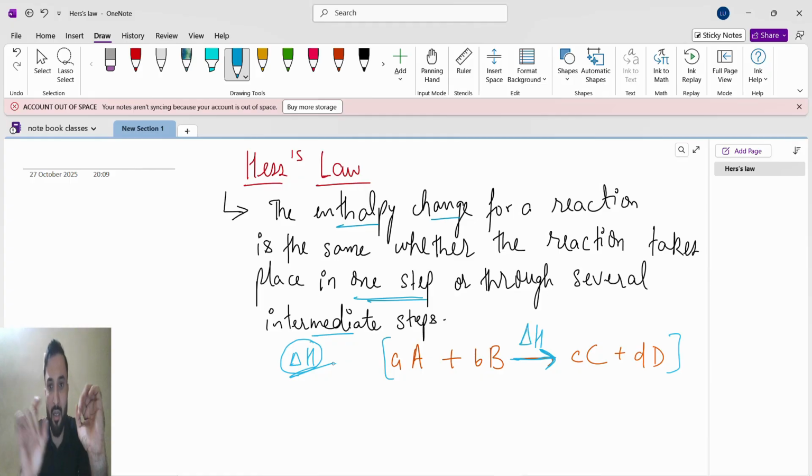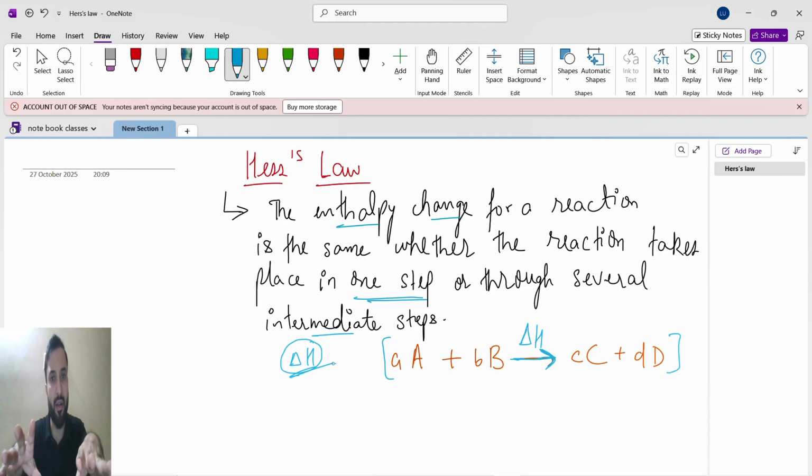Hess's law does not depend upon the path. Hess's law says that it does not depend upon the path; it depends upon the initial and final values, meaning reactants and products, that's it. It does not depend on which path we follow or how many steps we take to get the product. Either from reactant we get the product in one step, or in 2 steps, 3 steps, 4 steps, 5 steps.